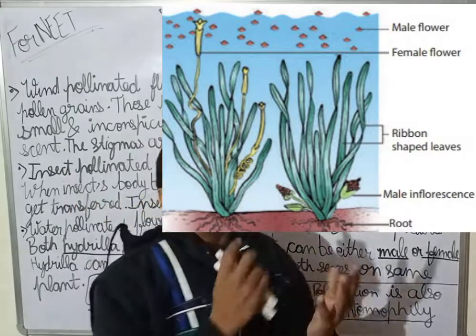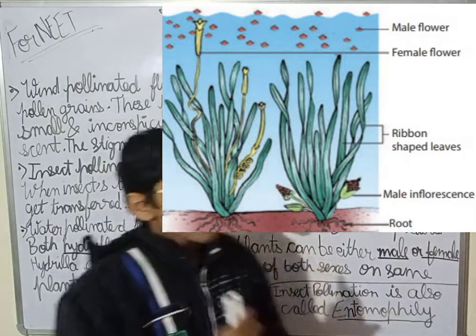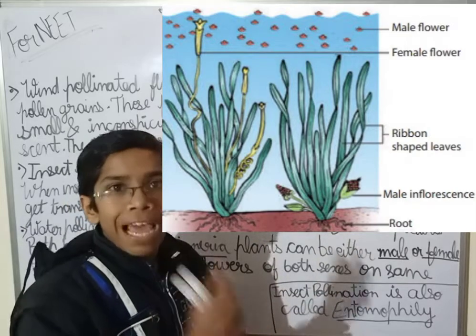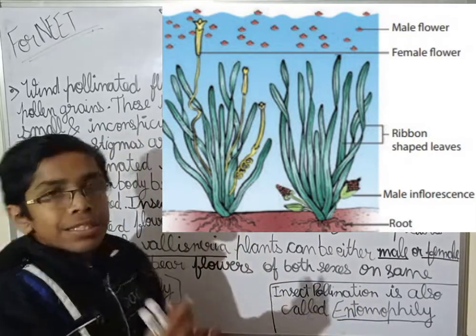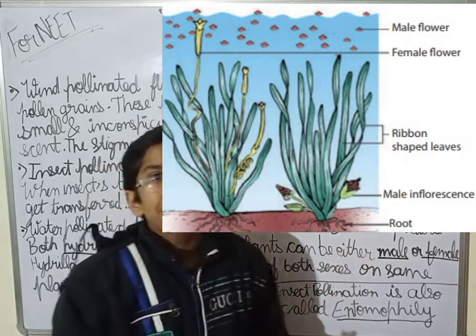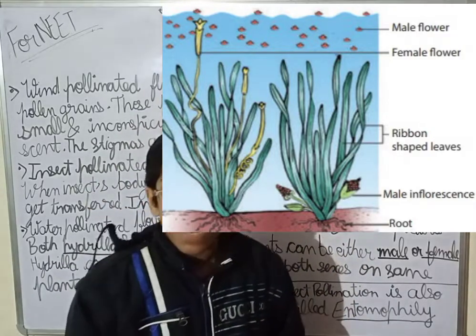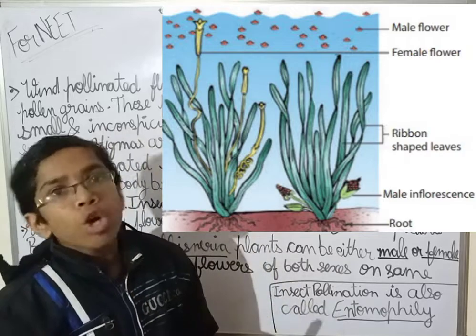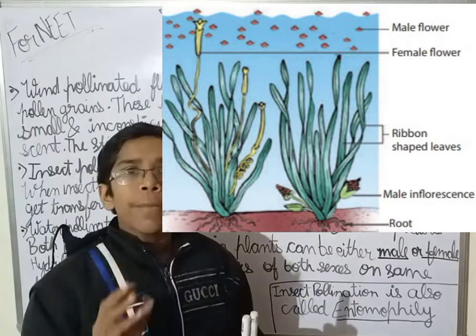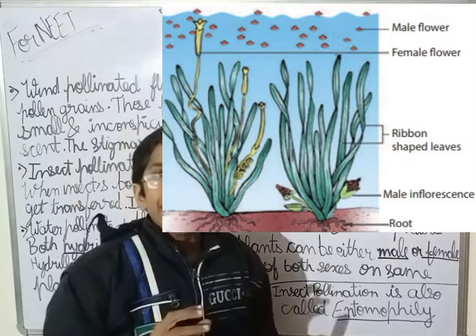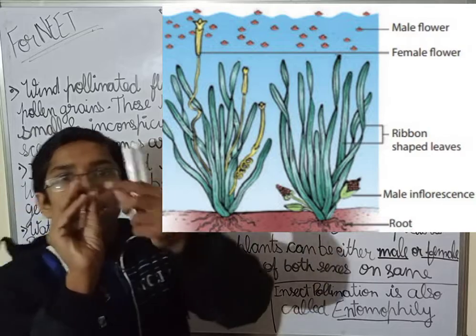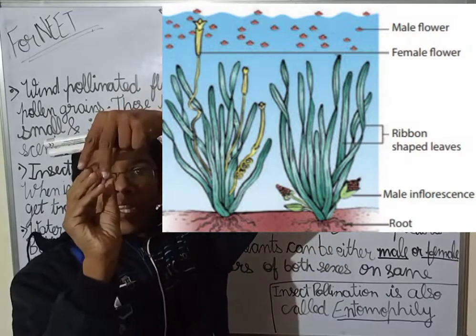And now what happens in the female one? For maturing the female flower, the stem is first of all coiled. Now it will elongate. It will become long and take the flower to the top of it.